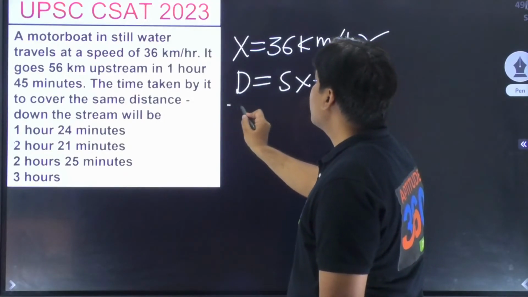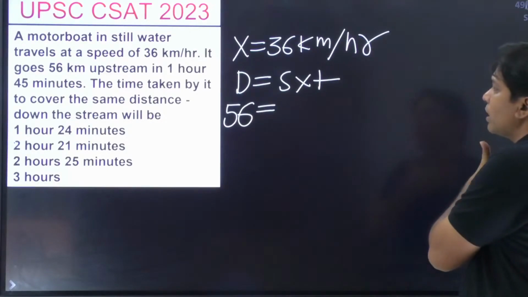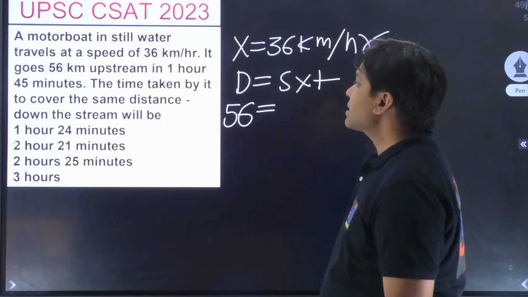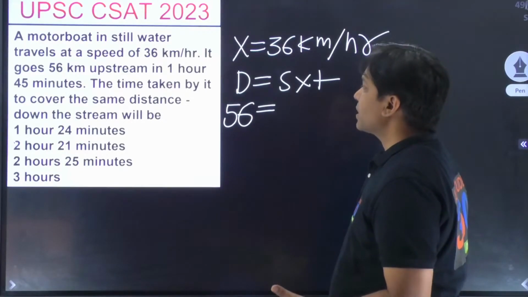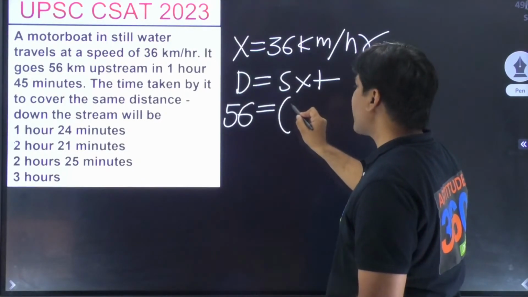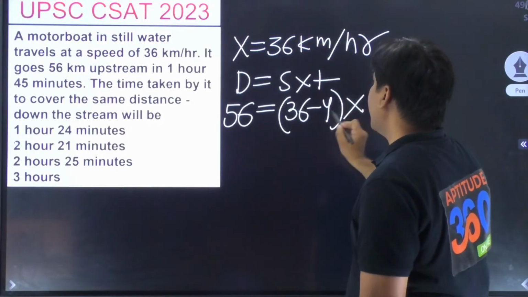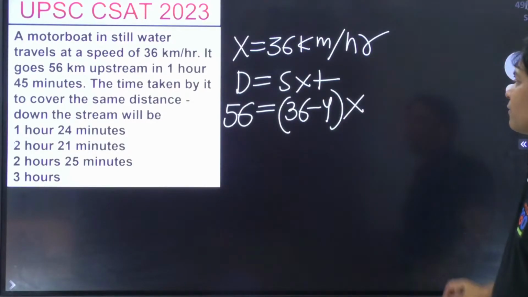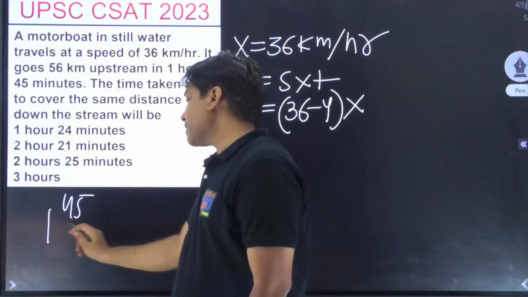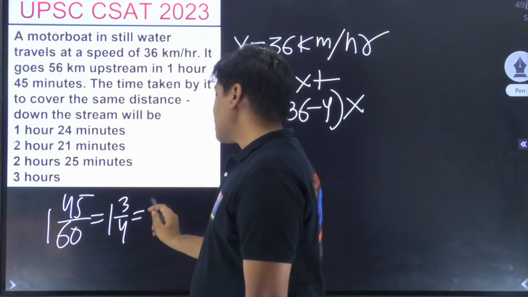It goes 56 kilometers. समझे? Upstream in 1 hour 45 minutes. So it has to be something like x minus y. So 36 minus y into 1 hour 45 minutes. Yesterday we learned how to convert 1 hour 45 minutes. That is how we should be converting. So that comes out as 1 and 3/4, which is 7/4 hours.